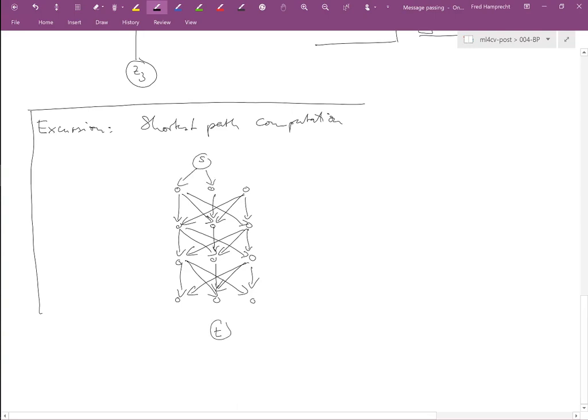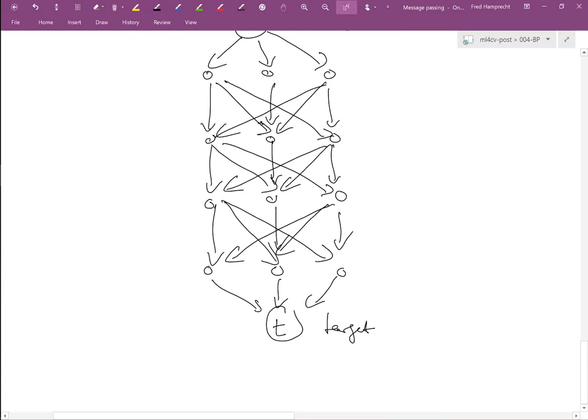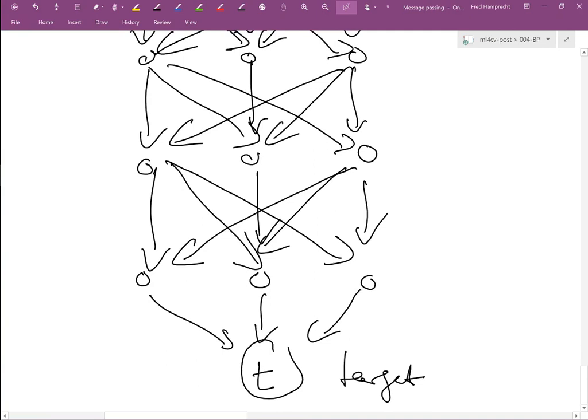We have a source, and we have a target, and we have weights associated with these edges. I am making up some weights. So let's say this edge here has a cost of 1, this one has a cost of 3, this one has a cost of 5, and this one here has a cost of 3, and this one of 5, and this one of 3, and here I've been forgetting some edges.